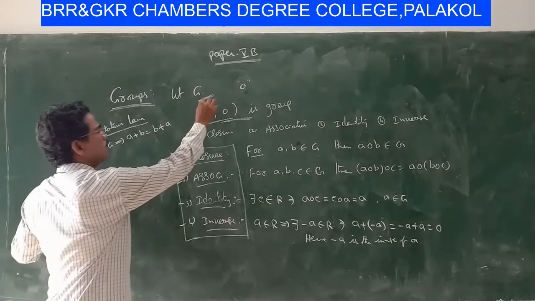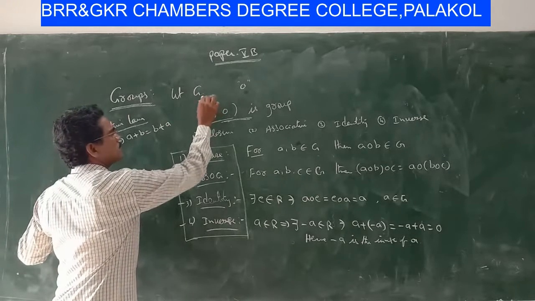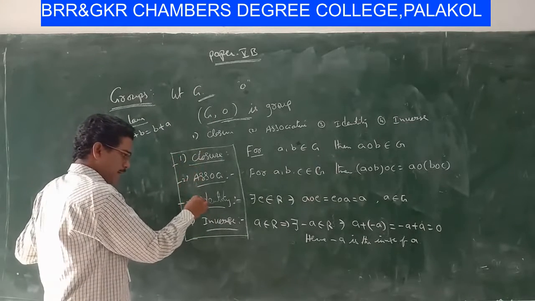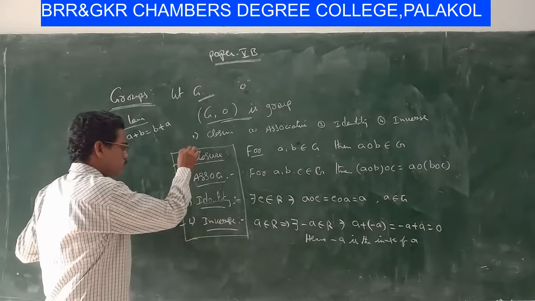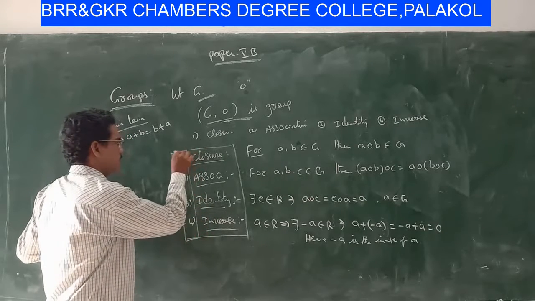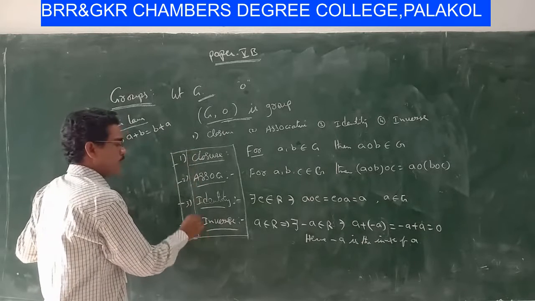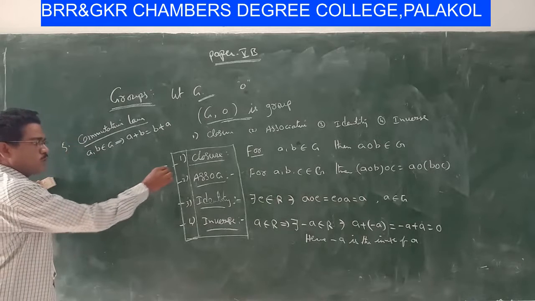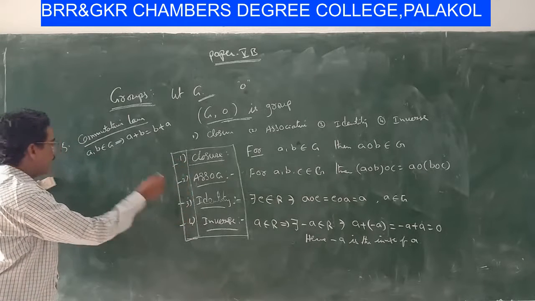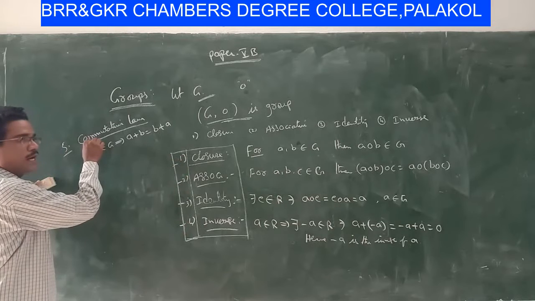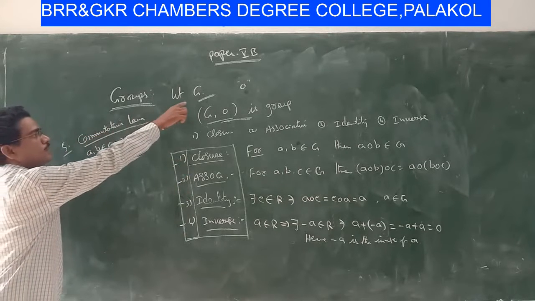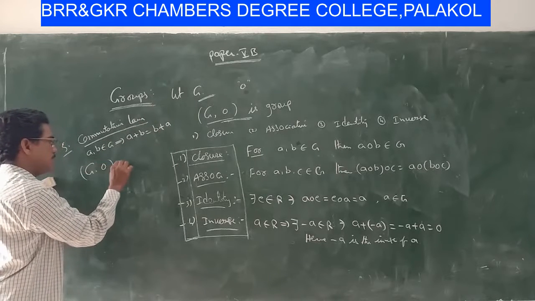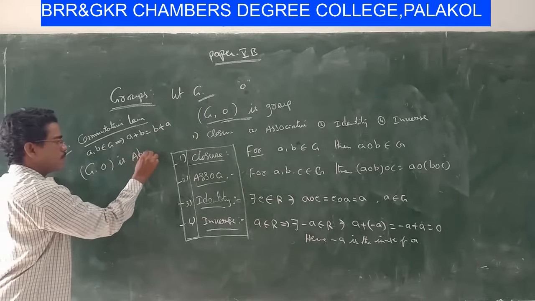So first I will explain the definition of the group. So closure, associative, identity and inverse. The four conditions are satisfied, then it is a group. And here the fifth one, commutative law. So 1, 2, 3, 4 and fifth commutative law are also satisfied the non-empty set G, then G comma circle is abelian.